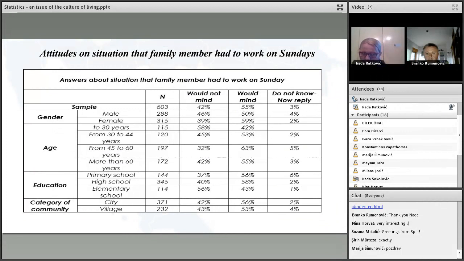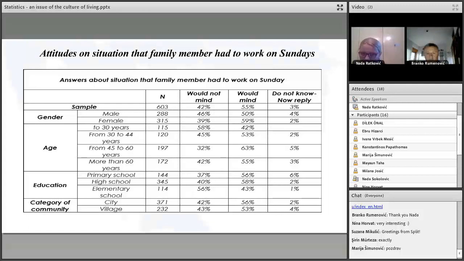Here in this table are answers about the situation that family members had to work on Sunday. Would not mind, would mind, do not know, no reply. Here are again the demographics: gender, age, education, category of community.